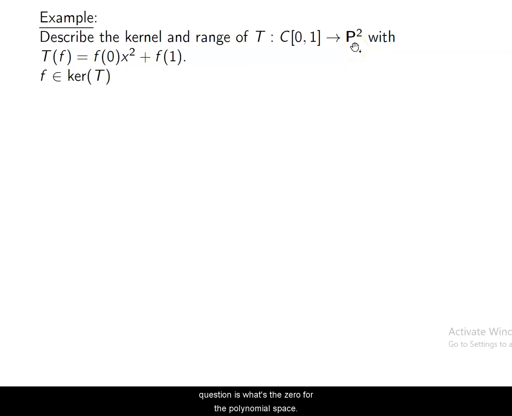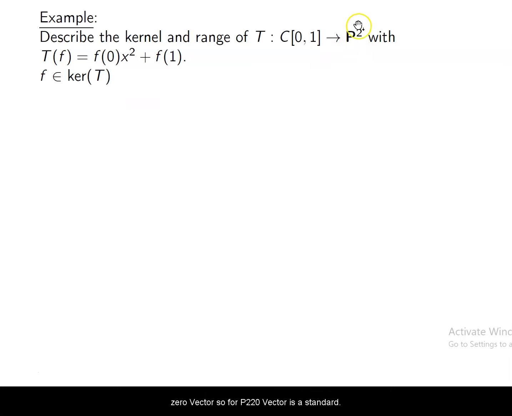So a good question is, what's the 0 of the polynomial space? Well, the 0 vector in polynomial space is just 0, right? Because these are basically, once you evaluate them, regular numbers. So 0 plus a polynomial gives you that same polynomial out, right? So we just have to think about what it means to be a 0 vector.